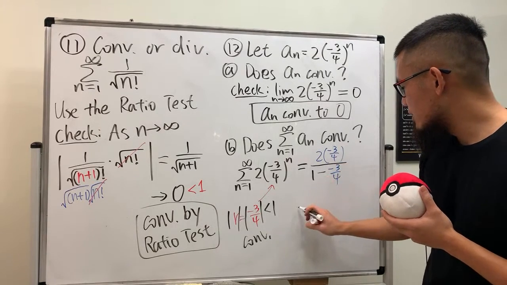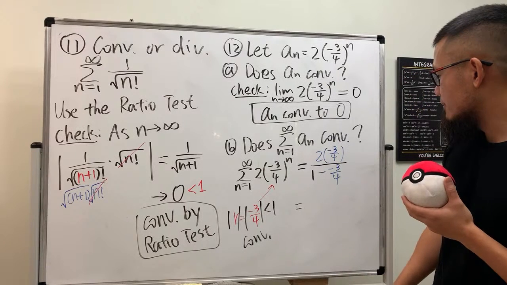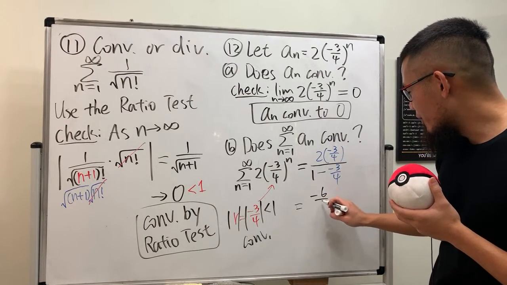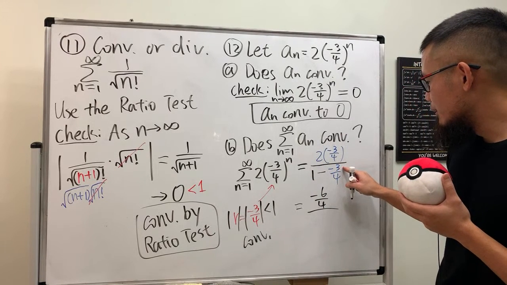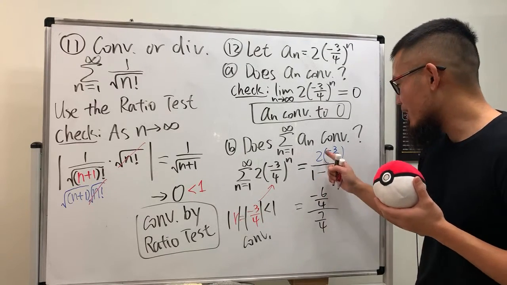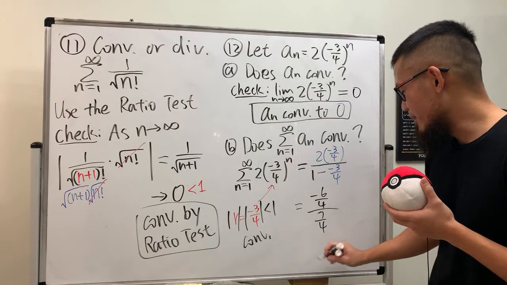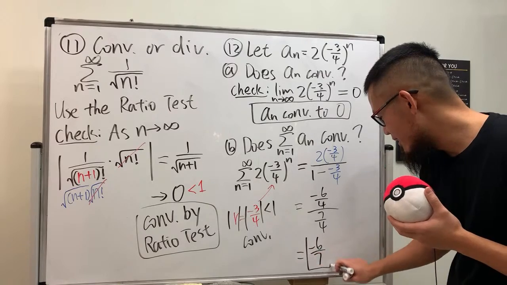So in that case, let's see what do we have. Negative 6 over 4 over 7 over 4. I didn't cancel the 2 and the 4 earlier because now I can cancel them out really nicely. Anyway, negative 6 over 7.